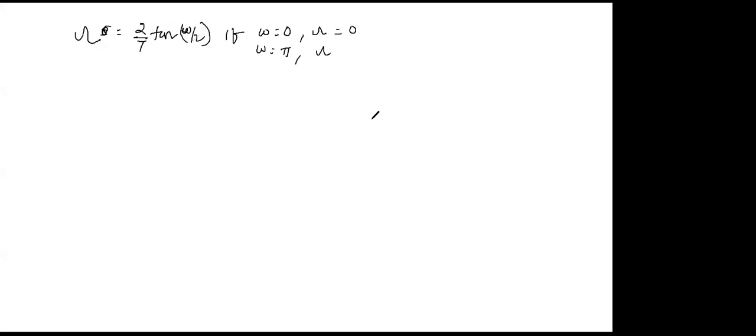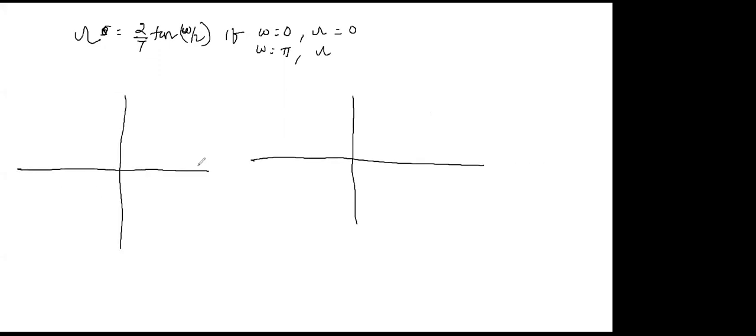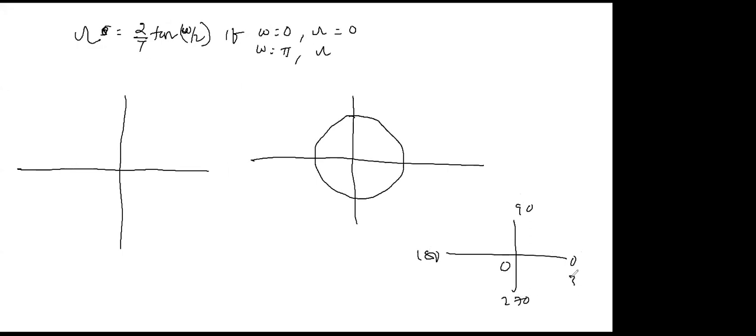My point is, you all know that, see, I will show you here. This is the S plane. This is the Z plane. Now you all know the coordinate system: 0, 90, 180, 270, and 360.